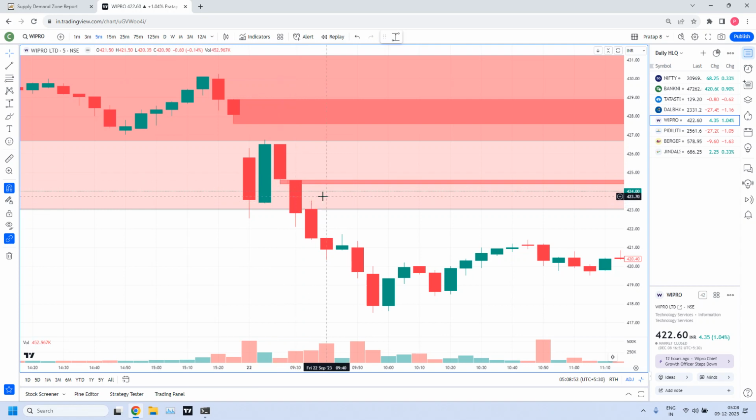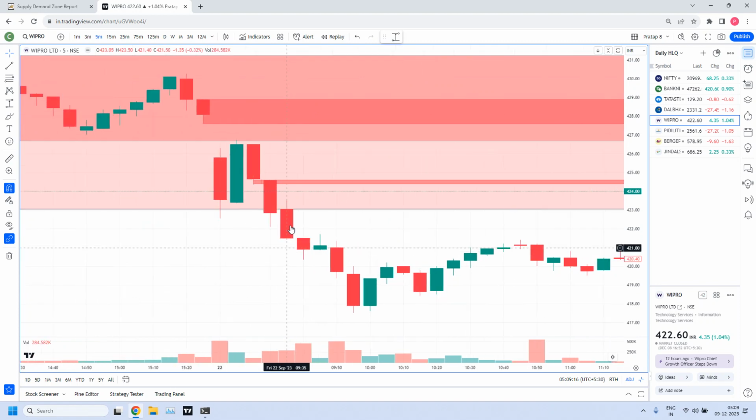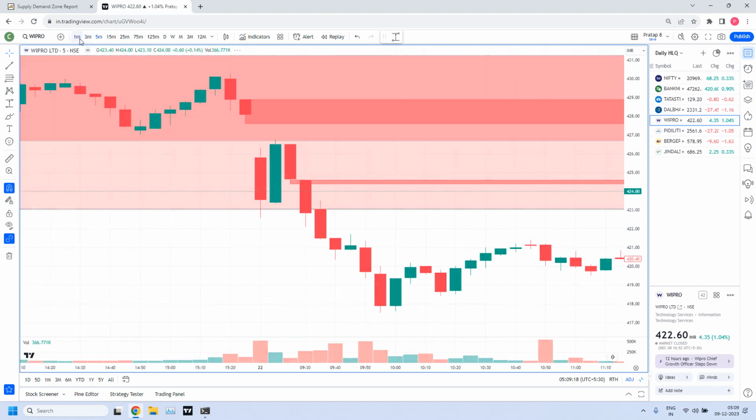What is our theory? As per institutional imbalances. In 90% of scenarios, you will find a zone at the lower time frame. We are already at the 5-minute time frame, so go to the 1-minute time frame, the lower time frame below 5 minutes.